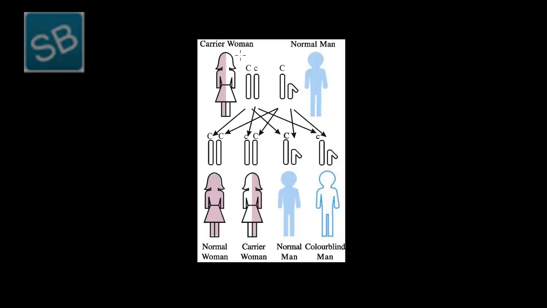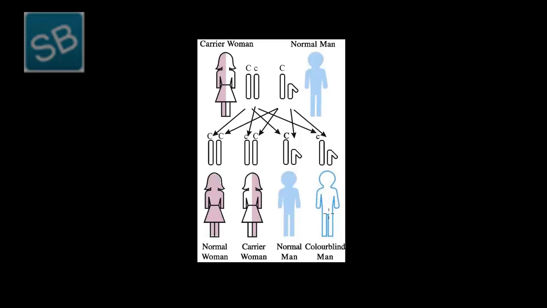So the chances of color blindness within the offspring would be only 1:4, where the normal persons would be 2, and one would be a color blind man and the other woman would be a carrier. So a cross between a carrier woman and a normal man will lead to offspring containing only one color blind man out of 4.